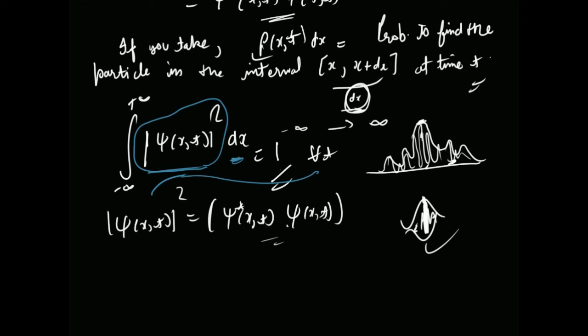So from here we see that the modulus squared of psi(x,t) has the units of 1 by length, therefore the units of psi, represented by square brackets, should be equal to 1 divided by the square root of L, where L represents the length.